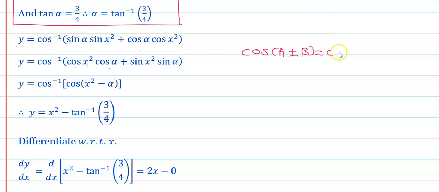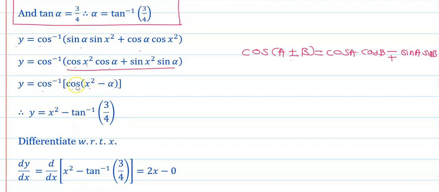Its formula is cos a into cos b minus or plus sin a into sin b. Okay, if it is plus then minus, and if it is minus then plus. Now here we have the plus, therefore the angle between them is a minus. Therefore this is nothing but cos of (x square minus alpha).